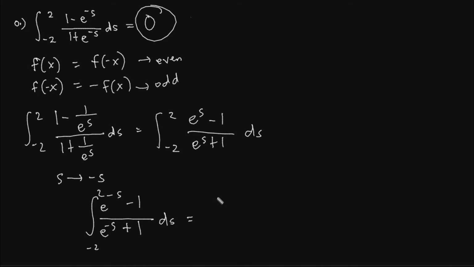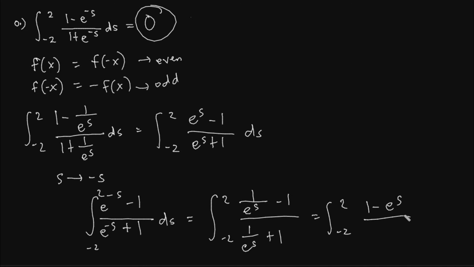So, what I'll be doing is writing this in terms of positive s. So, 1 over e to the s minus 1 over 1 over e to the s plus 1, which gives me the integral from negative 2 to 2 of 1 minus e to the s all over 1 plus e to the s ds, okay?